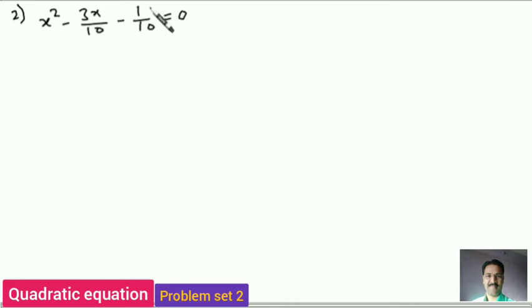So this one we are going to solve now. Again, we have to observe the equation very carefully. First, we don't need that 10 in the denominator, so straightaway multiply both sides by 10. What we'll get here is 10x square minus 3x minus 1, which is equal to 0.